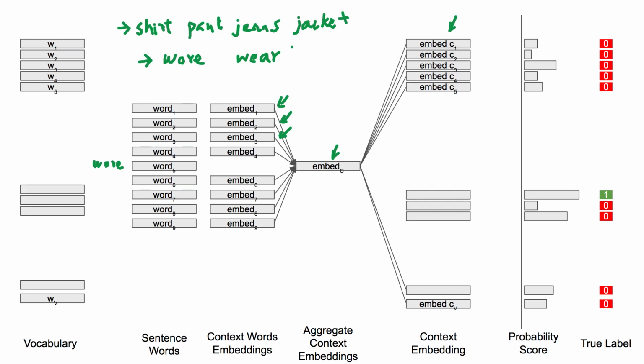I hope this makes intuitive sense. So when you update these vector representations of shirt, pant, jeans, jacket, which occur in the context of the word wore or wear, you would update them in such a way that the vector representations of these words would come closer together.